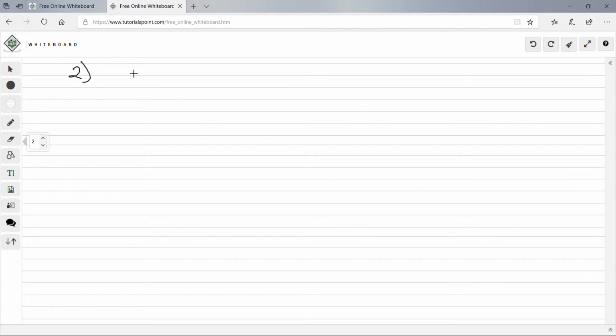So we're looking at 2x cubed minus 4x squared minus 30x equals 0. Okay, so I'm looking at this and can we factor out anything? We can. We can factor out a 2 and an x.